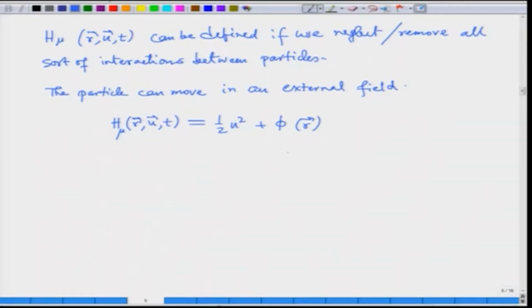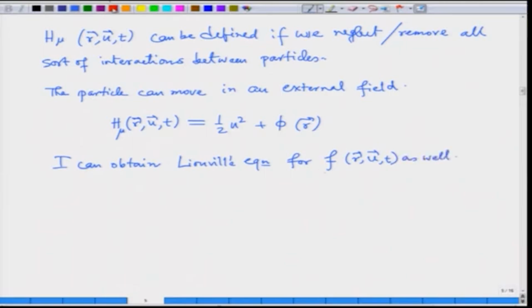Now, if we define that, then we are actually done. Then you can say that I can obtain Liouville's theorem, Liouville's equation rather, equation for f r u t as well.